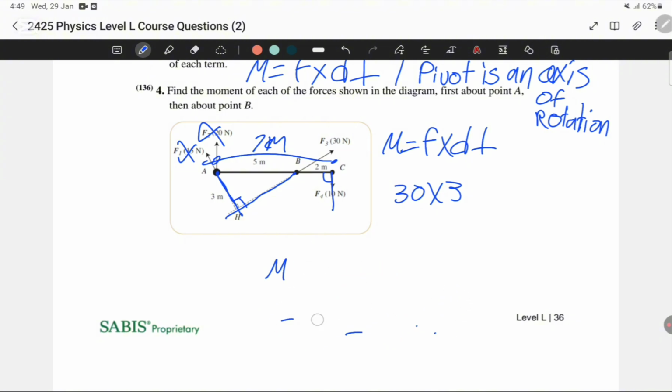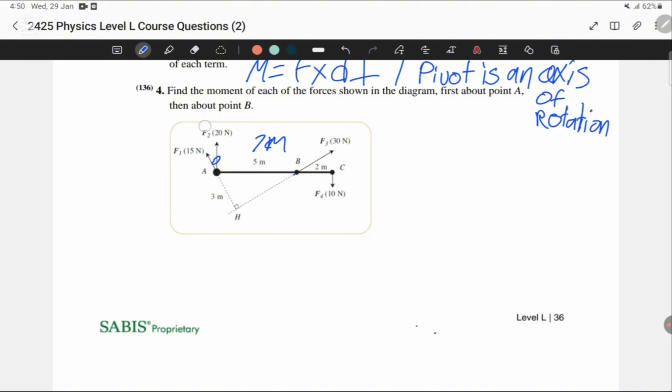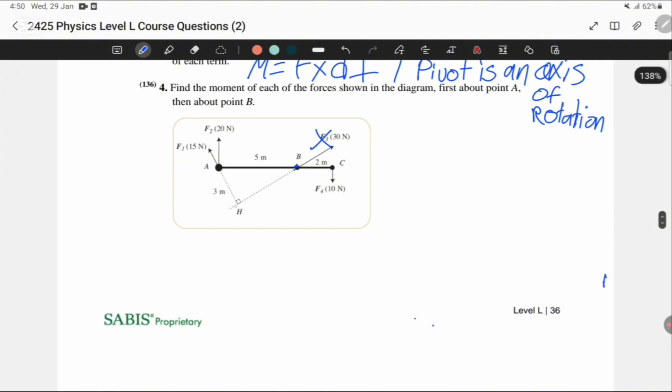Now we go for point B. First thing I can say, force 3 intersects with point B, so it's cancelled. It's equal to 0. Let's go to force 4.